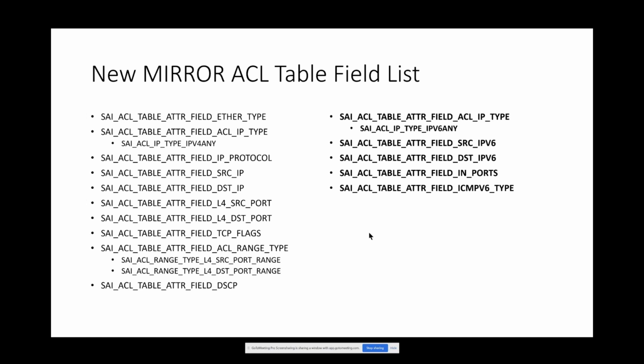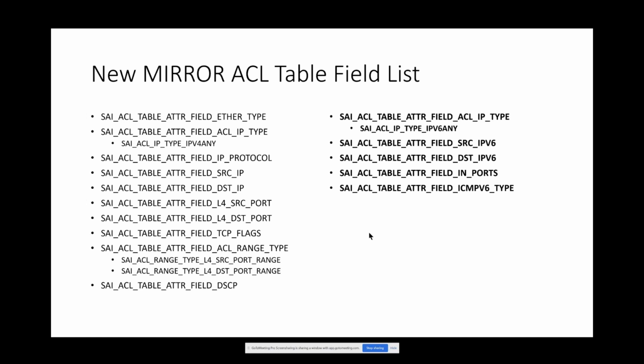This means that with this enhancement, we're going to try to support IPv6 for the mirror echo table so that we can mirror IPv6 packets. Also, we want to introduce the in-ports field so that we can mirror some packets from specific interfaces. We also specifically add the ICMPv6 type so that we can mirror some specific neighbor discovery protocol packets.